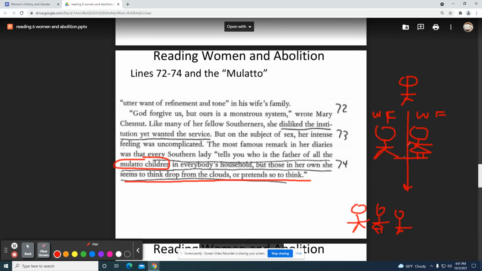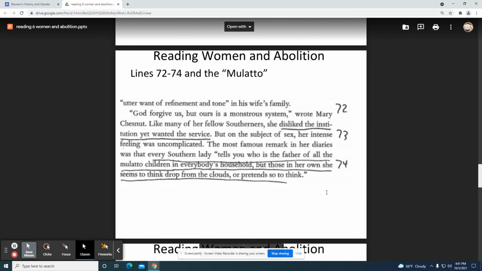That's where this is going. But in comes this child, and they're questioning, well, that child's coming from the clouds, from the sky. Or maybe this person just doesn't want to recognize what's going on. She probably knows that she never engaged in a sexual act with a slave, and we're only talking about 2. If she didn't do it, that means he had to.